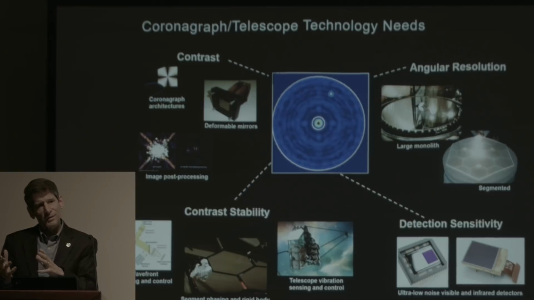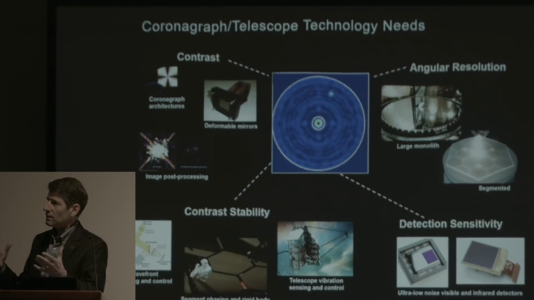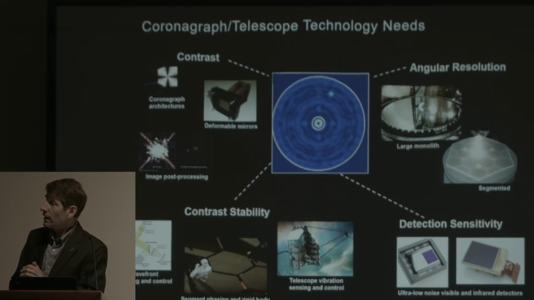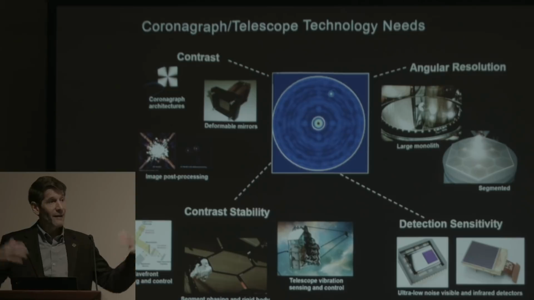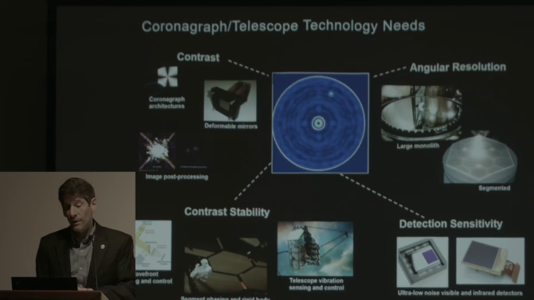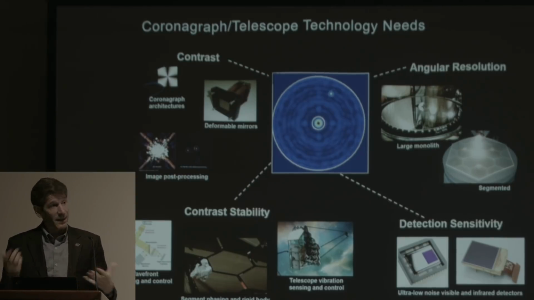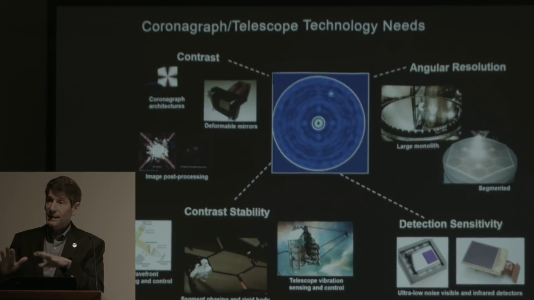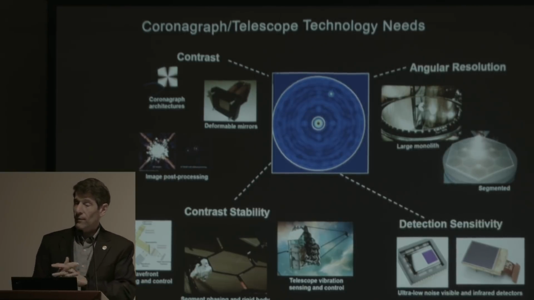One of the challenges, though, is you want to be able to get this thing into space. The largest single-size mirror you could fly right now on the SLS is probably about a 4-meter diameter mirror. We'd like to have tens of meters of diameter for these apertures, so that means segmented mirrors. So we're looking at technologies that can deal with the imperfections you get from a segmented mirror.